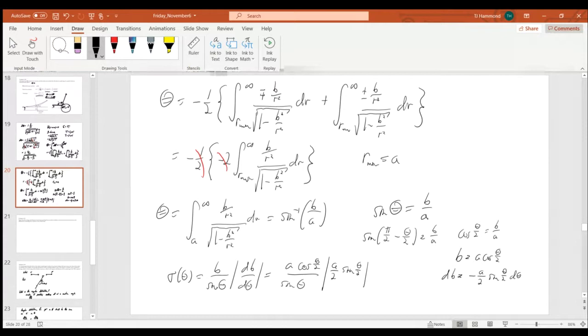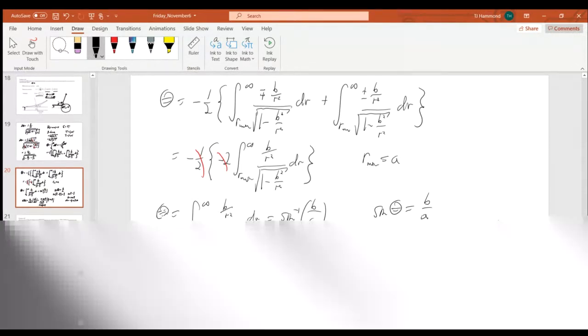And what we'll have, remember, sine theta is 2 sine theta by 2 cosine theta by 2. And so this will cancel out with that. And what we get is a squared divided by 4, since we have a 2 here and a 2 here.